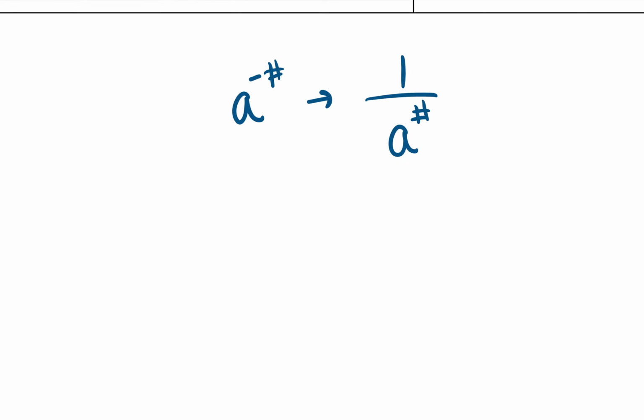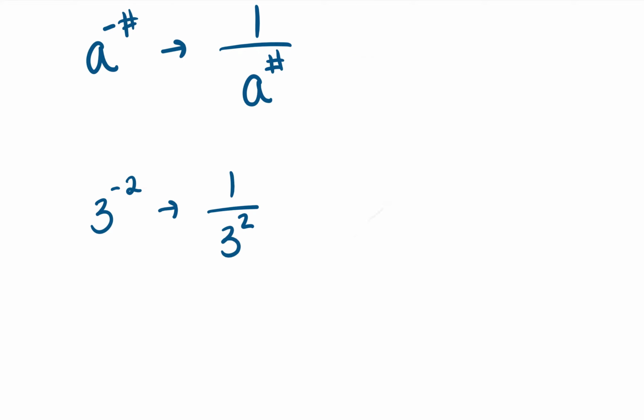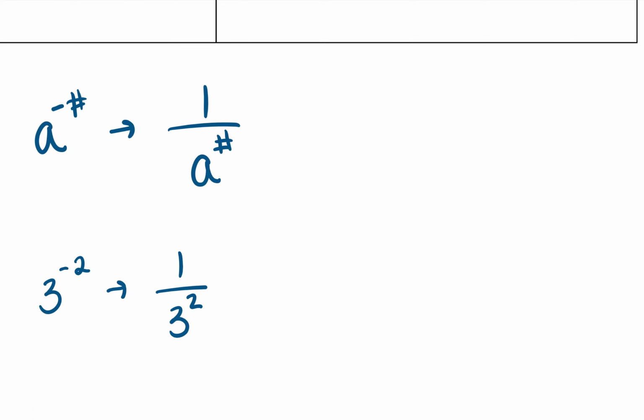Okay, let's just do some examples. If I had 3 to the negative 2, I would change that to 1 over 3 squared. If I had 1 over 5 and the whole thing was to the negative 3, that would flip to 5 to the third.